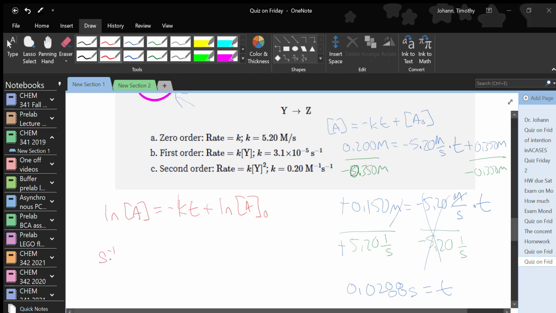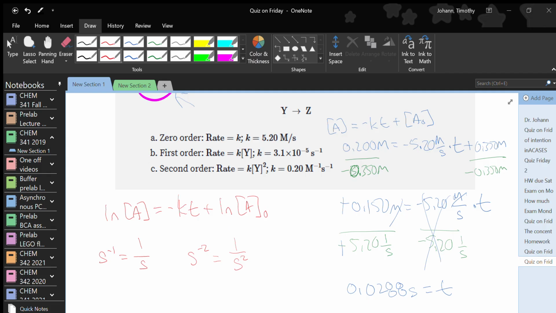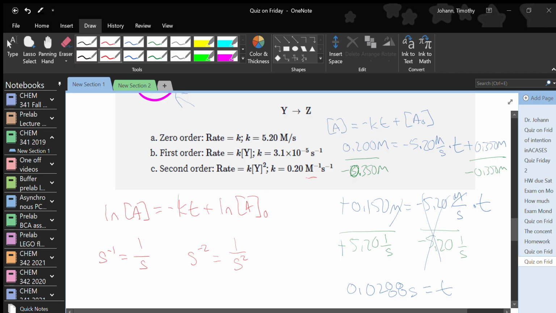We've got s to the minus 1. That's the same as 1 over s. If I had s to the minus 2, which I don't know if we're going to get in chemistry, that would be 1 over s squared. Does that make sense? So often we'll abbreviate something on the bottom that way. Same sort of thing with molar to the minus 1.